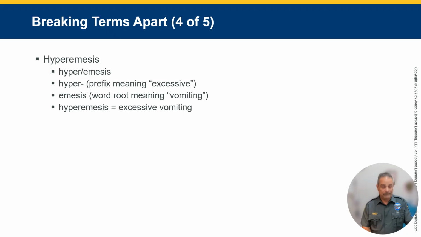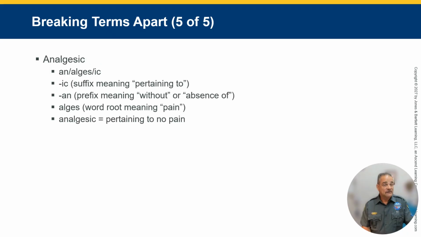All right, let's continue on. So again, analgesic. AN is the prefix meaning without, IC means pertaining to, and algis is the Latin word for pain.